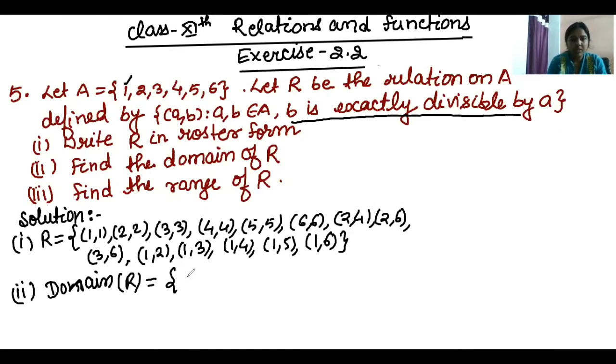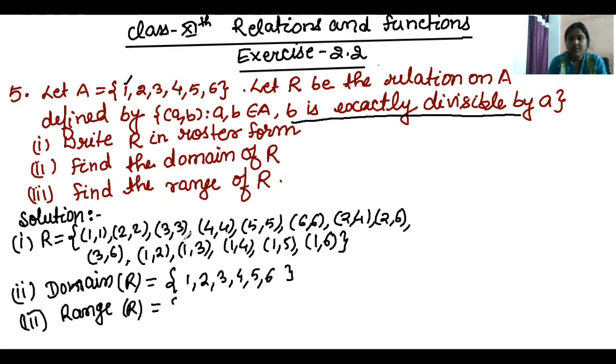So the domain value will be 1, 2, 3, 4, 5 and 6, meaning the total set A. Now third, the range of R: all second coordinates of elements of R. So 1, 2, 3, 4, 5, 6, all elements we are getting. So domain and range here are both the same. So these are the values.